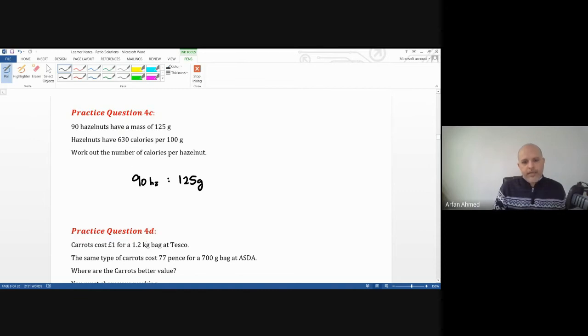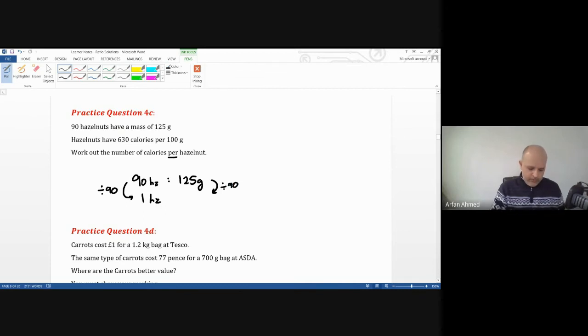We want it per hazelnut, so let's do it for 1 hazelnut. How do you get from 90 to 1? I'm going to have to divide that by 90. Yep, let's divide that by 90 as well.